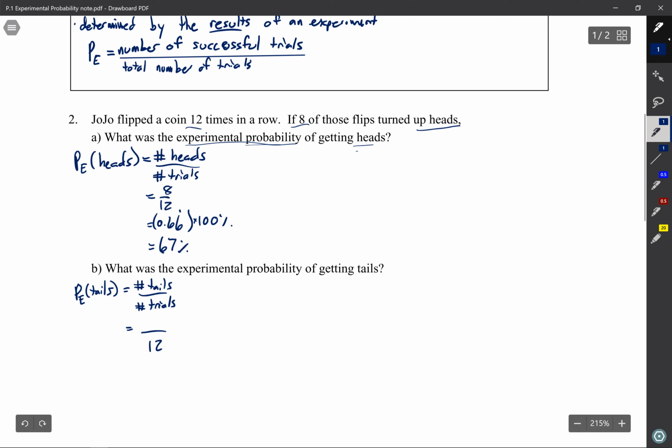What we don't have is the number of tails. We can calculate that though, because when we flip a coin, we know that the only possible outcomes are heads or tails. So the number of tails is all of the outcomes that were not heads. So our total number of outcomes, that's our total number of trials, minus the number of heads.